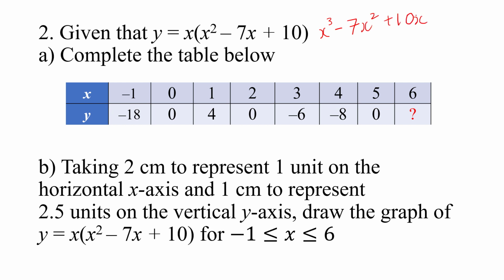And this is a cubic function. So your cubic function might be in the form of an expansion. But regardless, the process is still the same. You can still find what y equals when x is equal to 6.